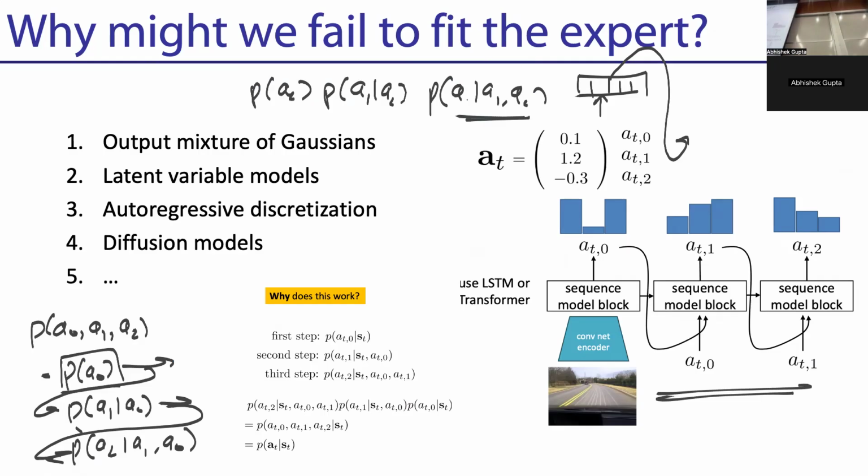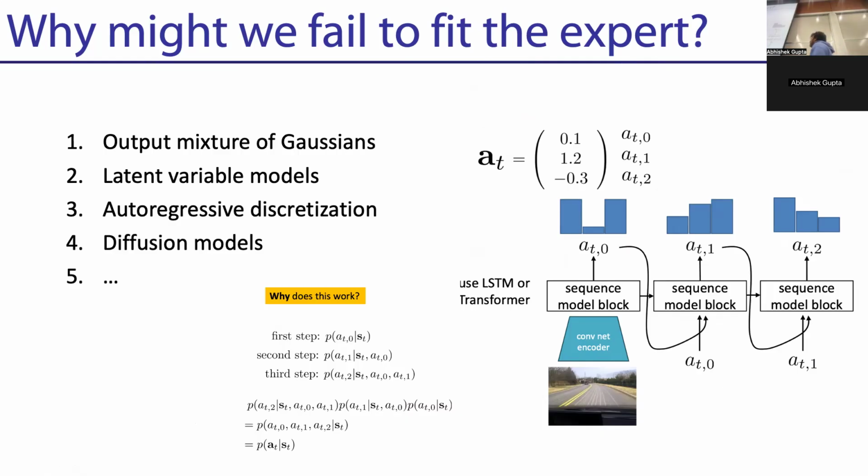If I had some huge LLM producing the action, I need to go through that forward pass D times if D is my action space. That gets computationally expensive. So the challenge with autoregressive models is that they can get really computationally expensive. Okay?